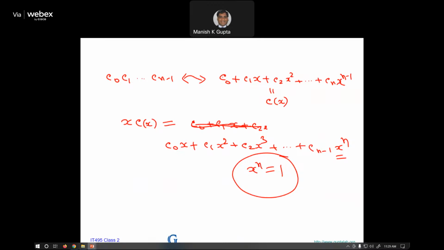C1, which was the coefficient of x, will now be the coefficient of x square. Because we are just multiplying by x, everything is shifting. The only thing we need to worry about is the last coefficient. Previously it was x raised to n minus 1, and now it is x raised to n because I have multiplied with x.